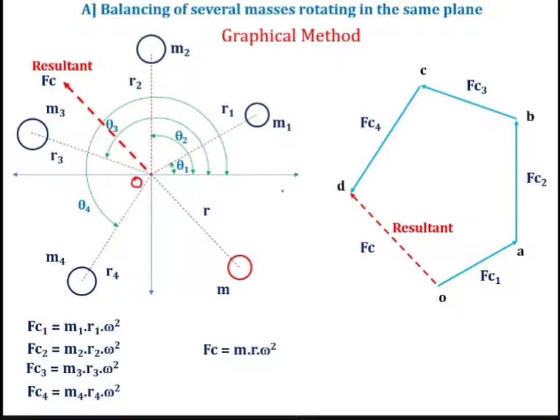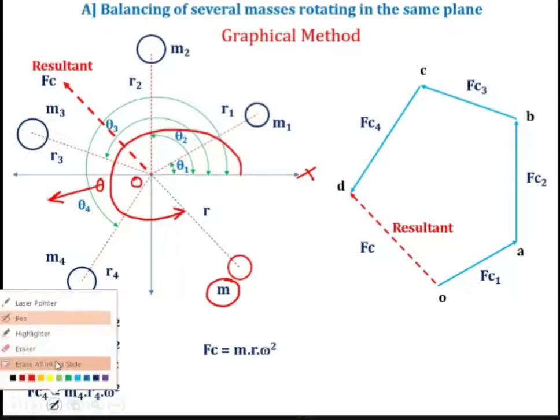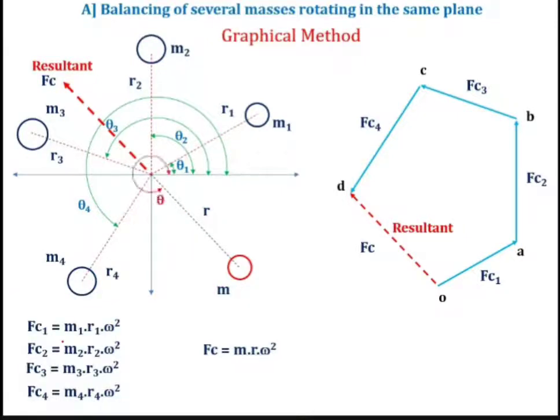Angle from the line O to X measured in the anti-clockwise direction. So I will start from here, and this angle is nothing but theta. So this m is nothing but the balancing mass, which is located at an angle theta, which is called the balancing angle, from the horizontal line OX measured in the anti-clockwise direction. Now this completes my figure.